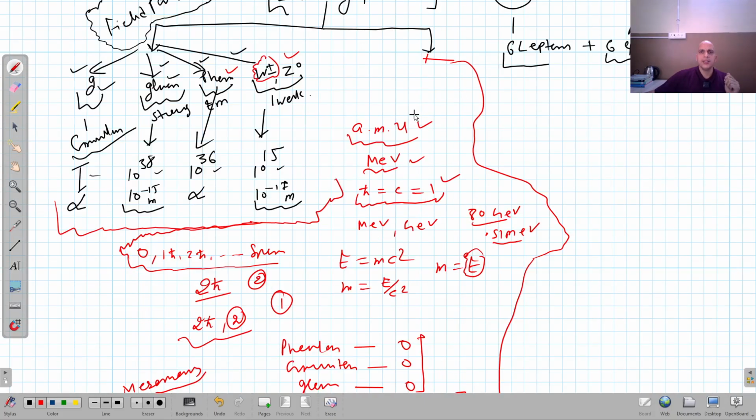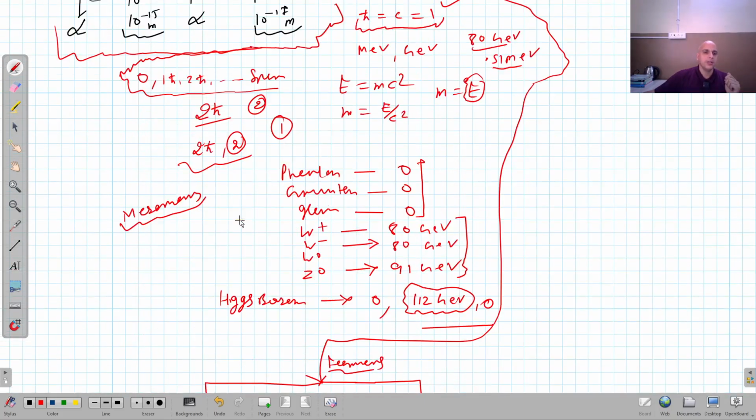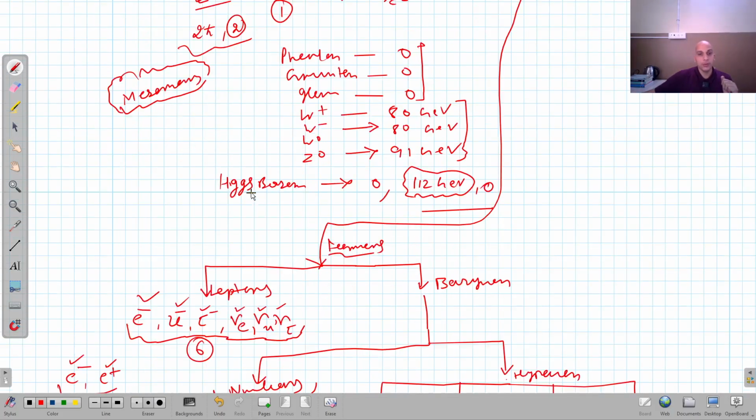But matter particles can have some bosons, because mesons are also particles that have either zero or integral spin, right? So the meson family is also very important, because the collection of mesons and baryons is collectively known as hadrons, right?